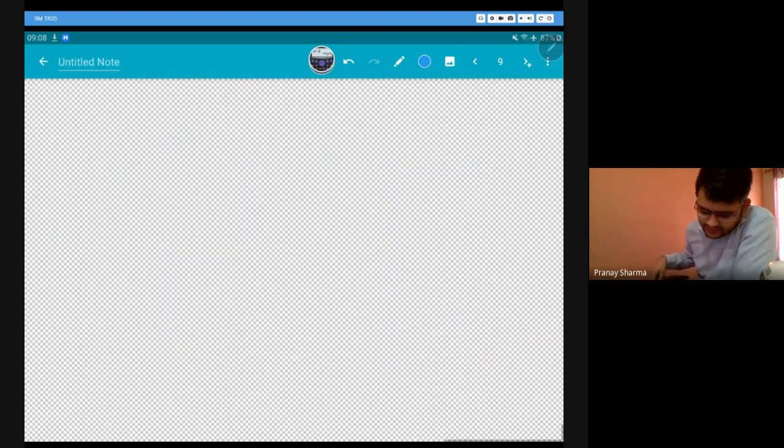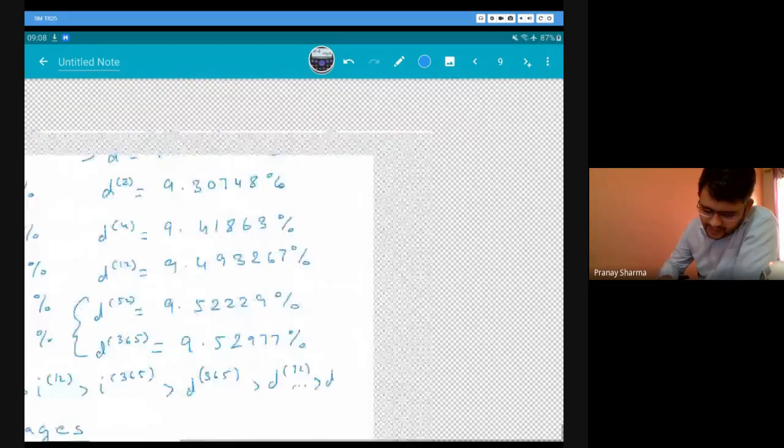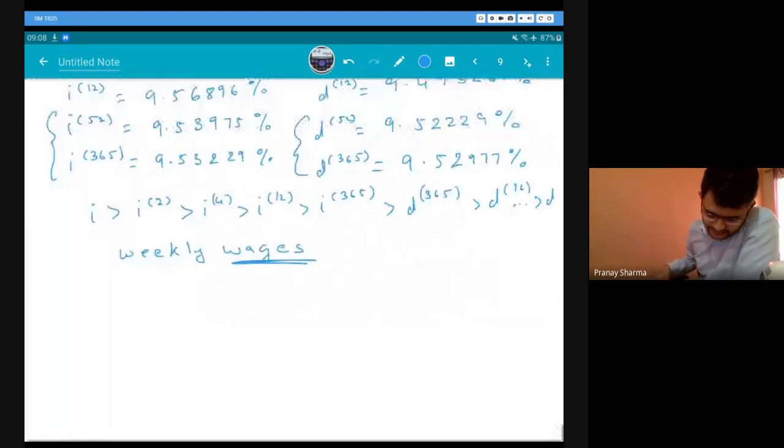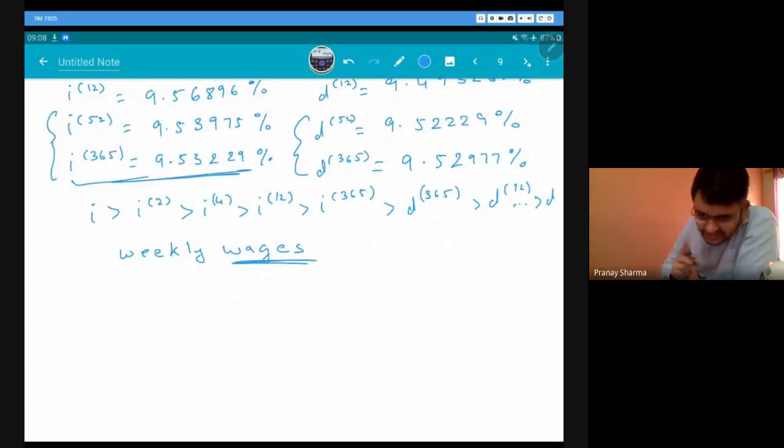We do have weekly wages, and again we might have daily wages as well. So in these two cases, we might use an interest rate that is convertible weekly or an interest rate that is convertible daily. In these two cases, we'll be using these three. Same thing, in these two cases, we'll be using these two.